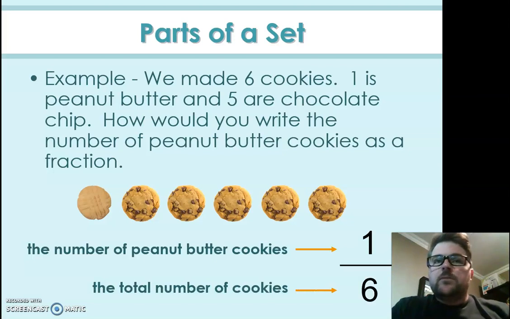What do we call that fraction? One sixth. 1/6 of those cookies were peanut butter. Let's do the other way. How many of those cookies would have been chocolate chip? Yes, there were 5 chocolate chip, and there were 6 in total, so we would have had 5/6.